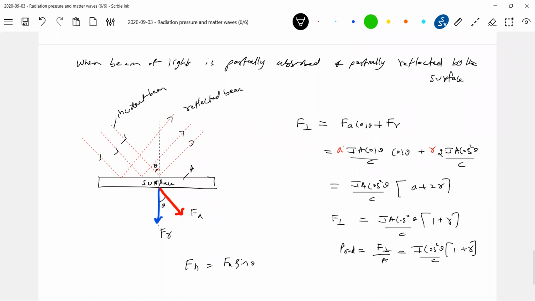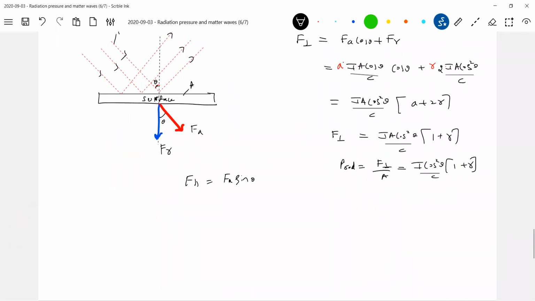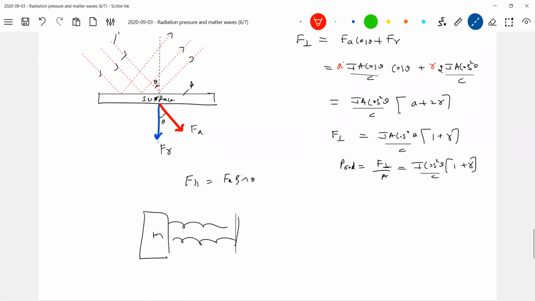Now this particular case, along with spring force, friction as shown, even this beam of light, there's a block. I'll connect two springs. Then I'll make radiation incident on it. And then what is the compression in the spring? So this will absorb.